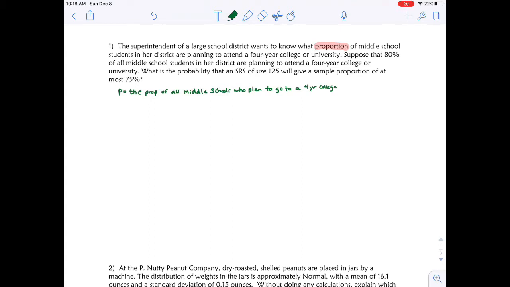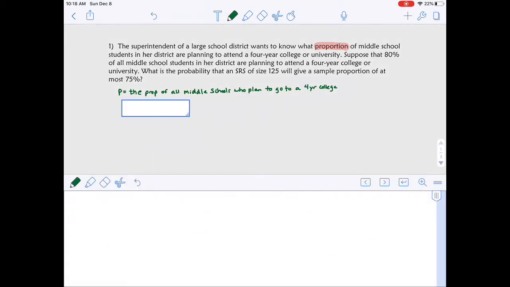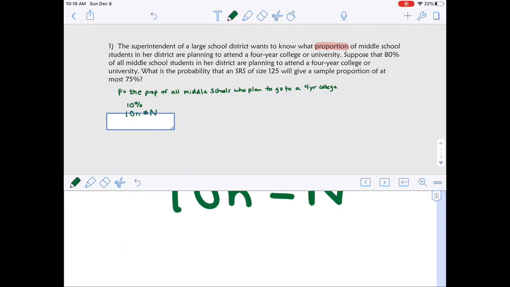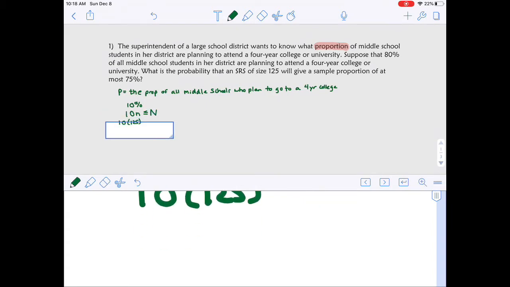Okay, again, the same plan for every single thing. First thing we need to do is check our 10% condition. Are we taking less than 10% of the population? So 10 times our sample size needs to be less than or equal to the entire population. Well, 10 times 125 gives us 1250.